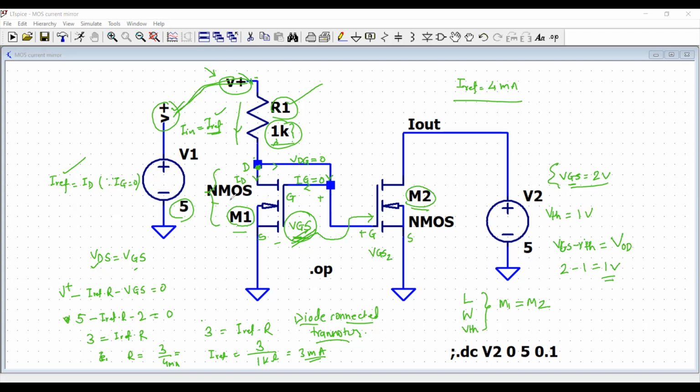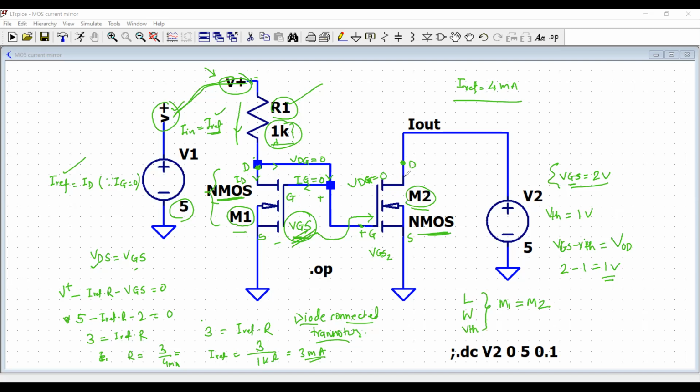So you see now I have chosen both NMOS transistors to be identical. With that, I would say that the drain pin and the gate pin of the MOSFET are also at the same potential, right? And therefore, the VDG here is also 0.